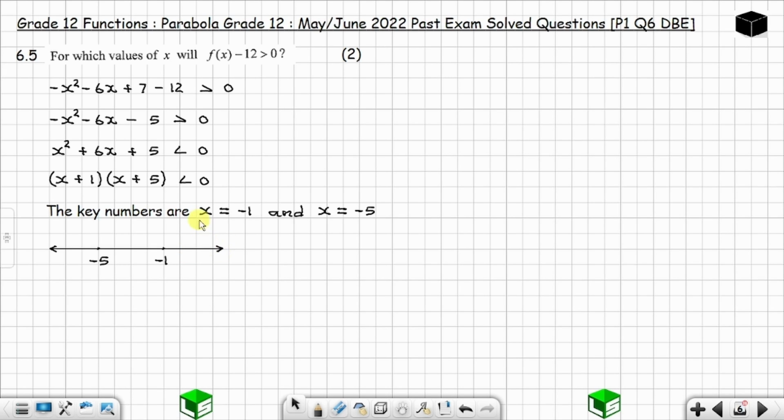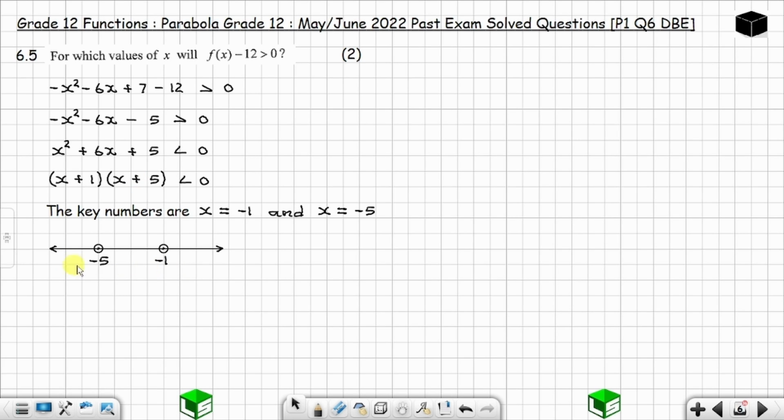Now since there is no equal sign there, it means that -1 and -5 are not part of the inequality. You have to show that on the number line. You are going to show that with an open circle, like that. When you have an open circle, it means that -5 and -1 are not included.